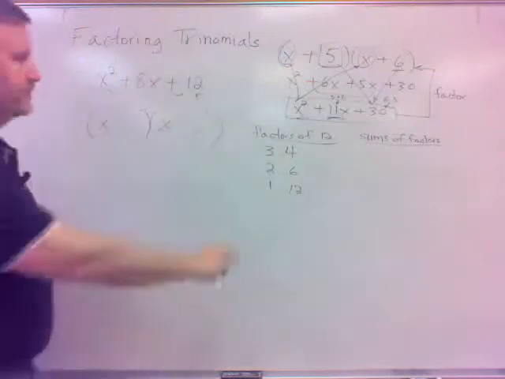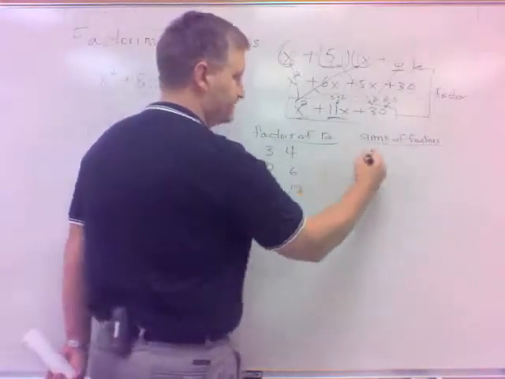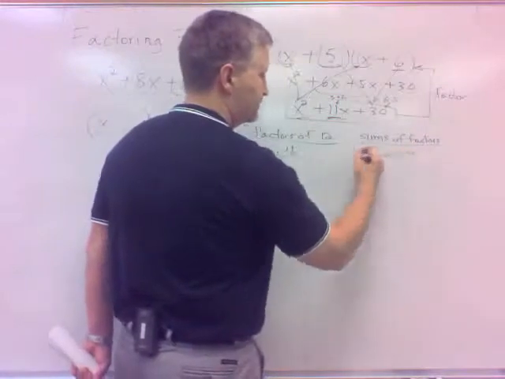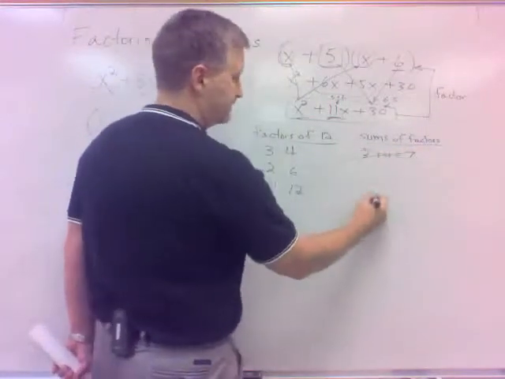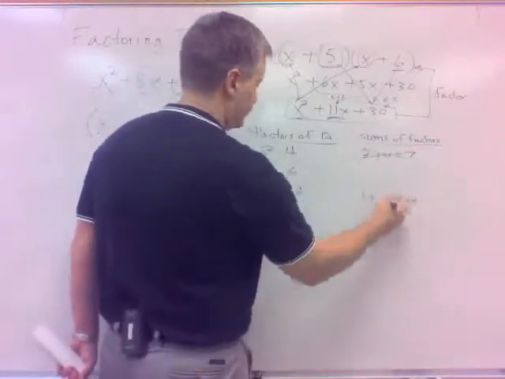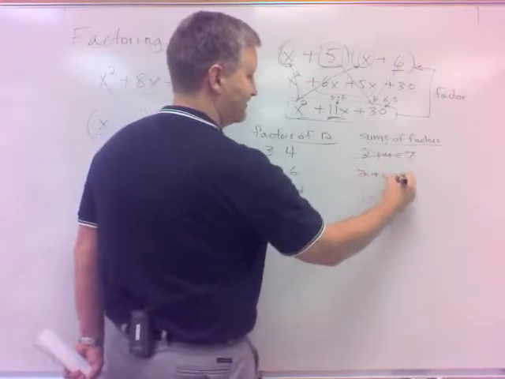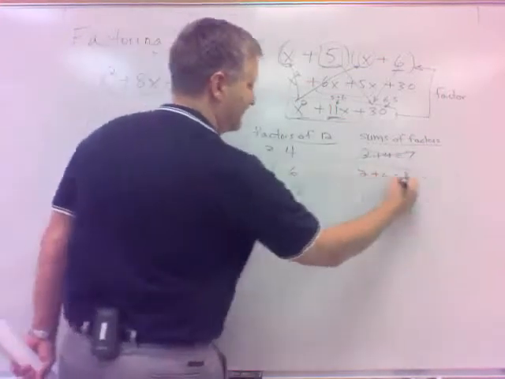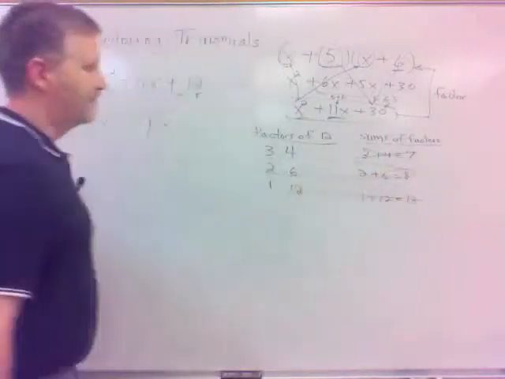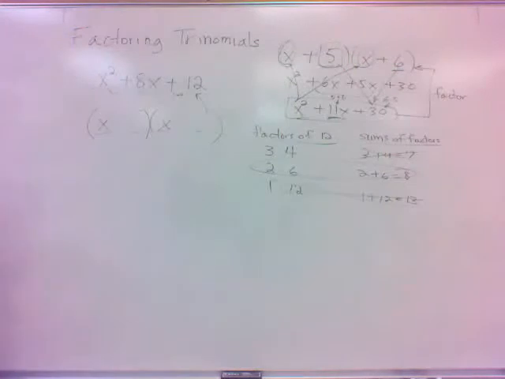Well, if you look at them, do these add up to be 8? No. Do these add up to be 8? The 1 and the 12? No, 13. What about 2 and 6, though? There you go. By the process of elimination, we see that the factors of 12 I need are the 2 and the 6, aren't they?